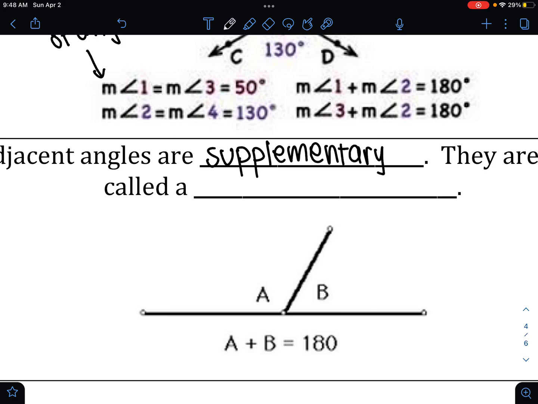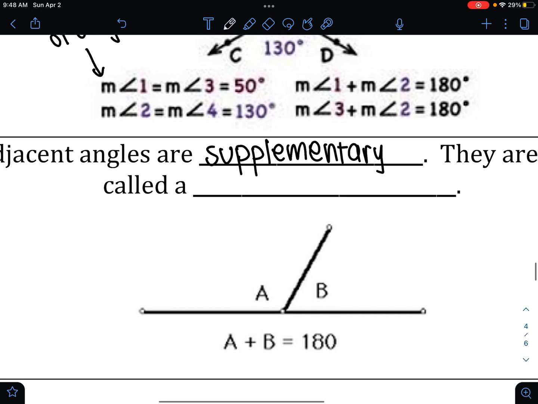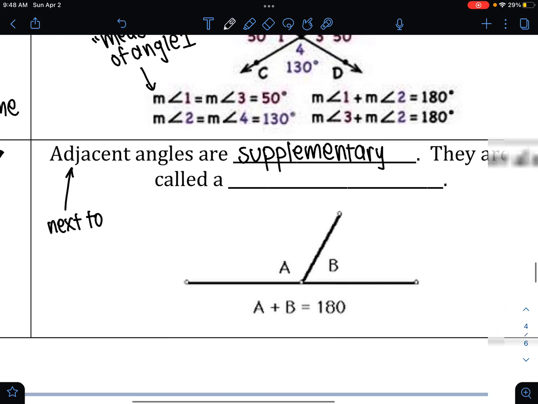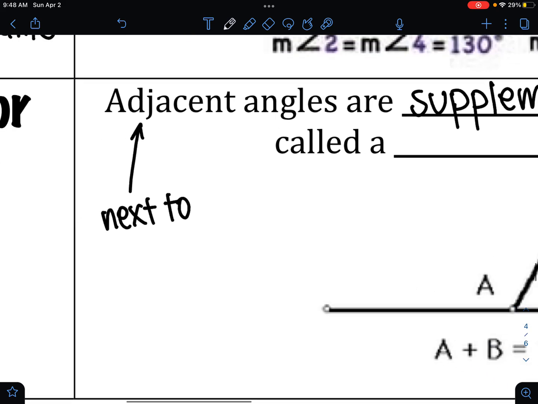Adjacent angles. And if you don't know what the word adjacent means, it means next to. So angles that are next to each other on a straight line. So adjacent means next to each other, but when we talk about adjacent angles, they have to be on a straight line.